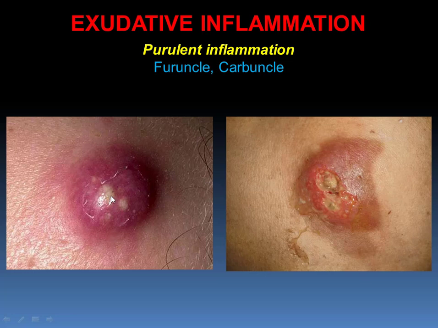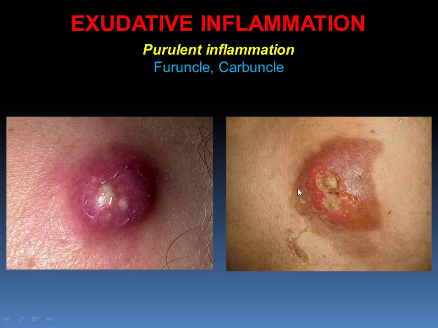Usually hair is present in the center, with a yellowish center due to accumulation of pus in the hair follicle. Later this pus is removed by itself, and at the place of furuncle we will see formation of a thin, fine scar.